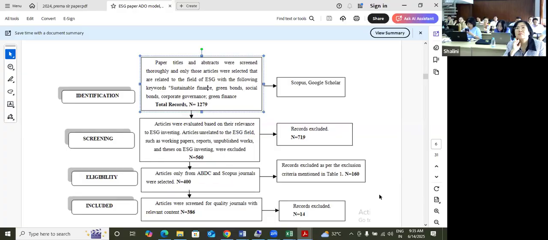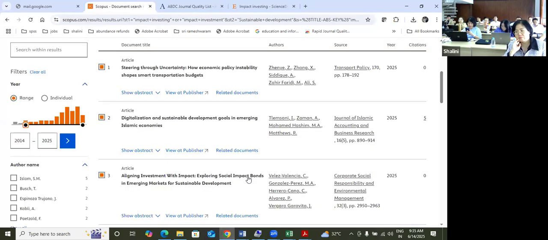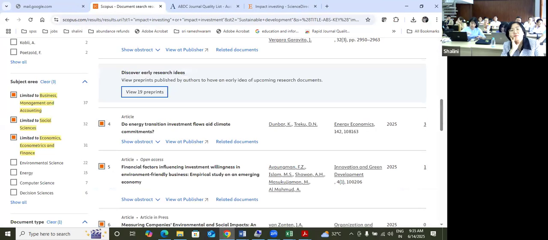What I'm saying is that when we are using the Scopus database, we have used certain terms and conditions. We have limited our research to the English language, so we have narrowed down the research, and the number of papers becomes less. This is the second stage.